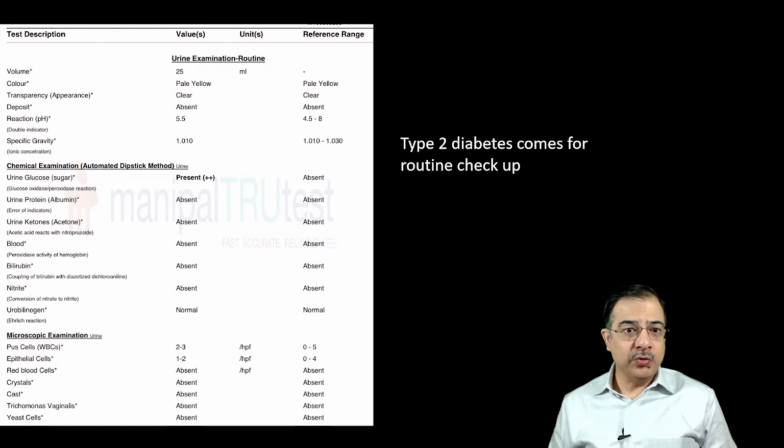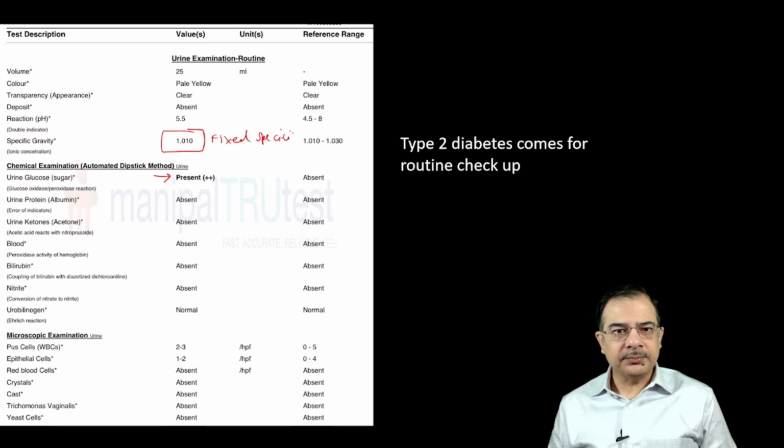Type 2 diabetes, coming to us for a routine checkup, the glucose value is present and the rest of the examination is okay. Now look at the specific gravity. When you see a specific gravity of 1010, this is a fixed specific gravity. Fixed specific gravity means maybe tubular dysfunction is there, medullary tubules are damaged, they are not working.